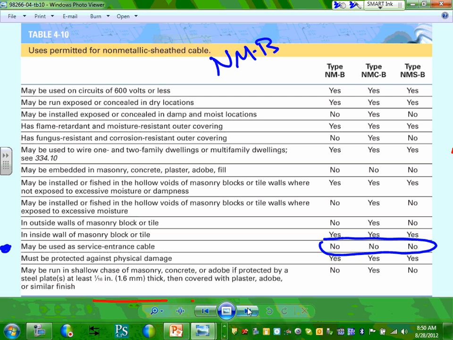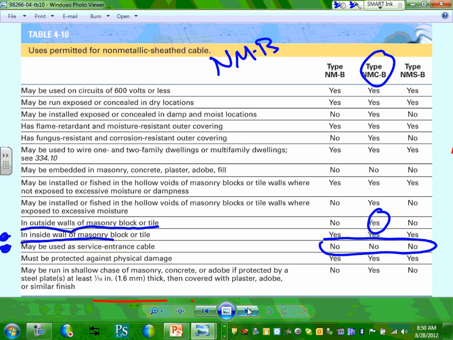How about in walls, masonry, and blocks? That's a damp location. Which one of them can be used, or all of them? How about in an outside wall, damp location, masonry blocks? Which one of them can be used? The C. So anyway, these three types: this one, guys, is what we're going to be wiring inside. This one is for damp location.